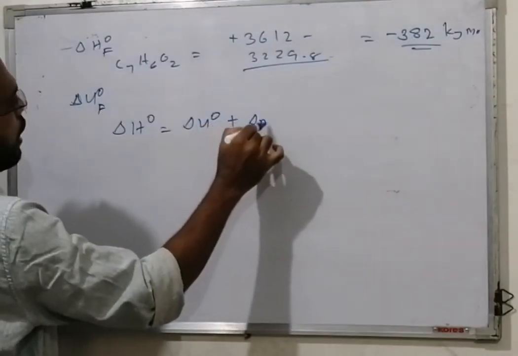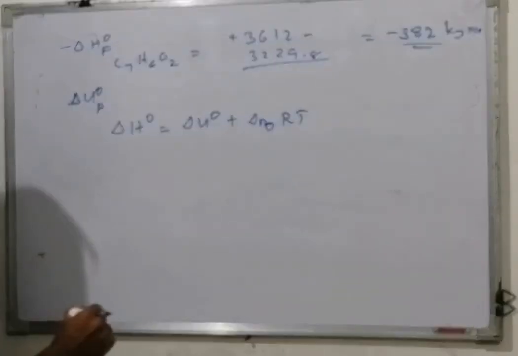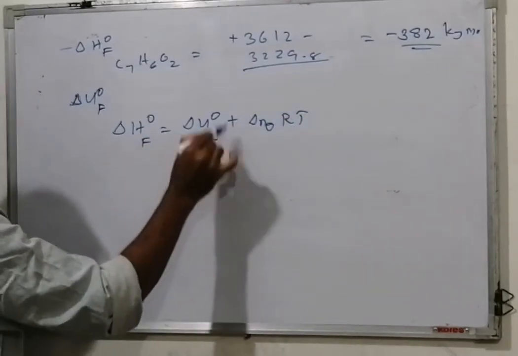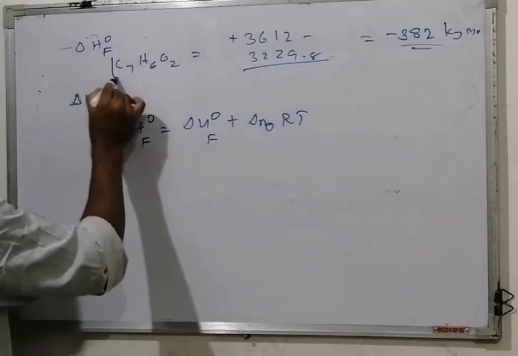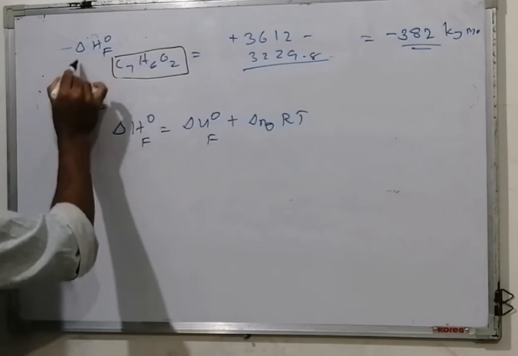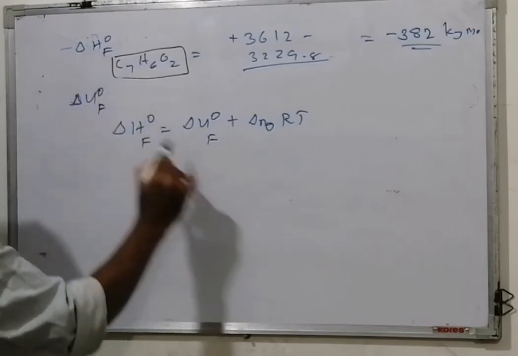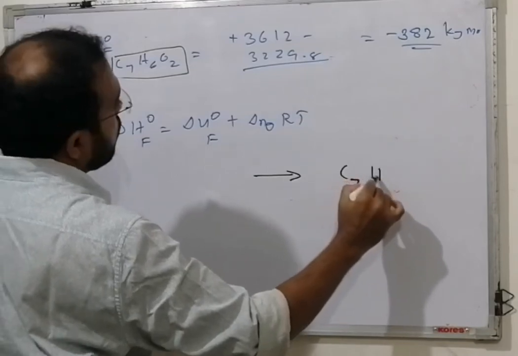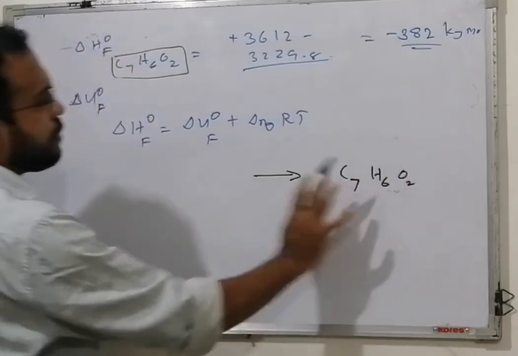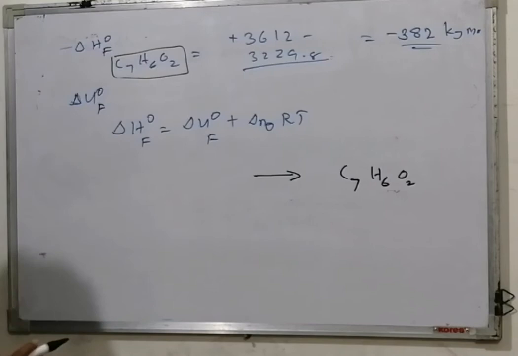Now the next, what is delta U0 formation? We have a relation delta H0 is equal to delta U0 plus delta NgRT. In the case of formation, what is delta H0 formation of this? 1 mole of this is formed from its elements.